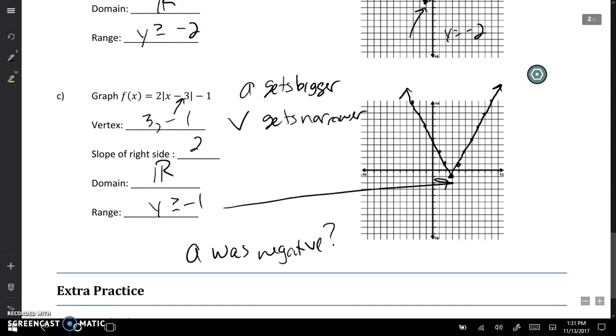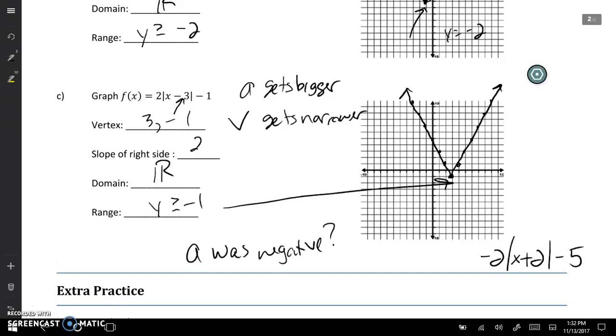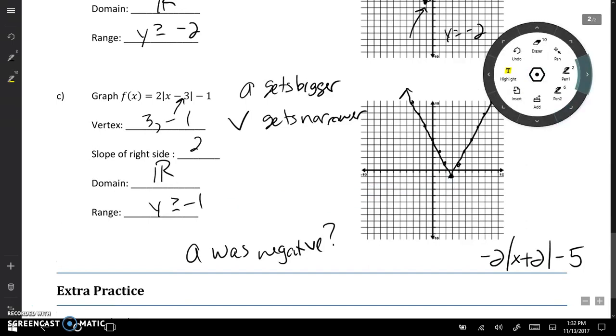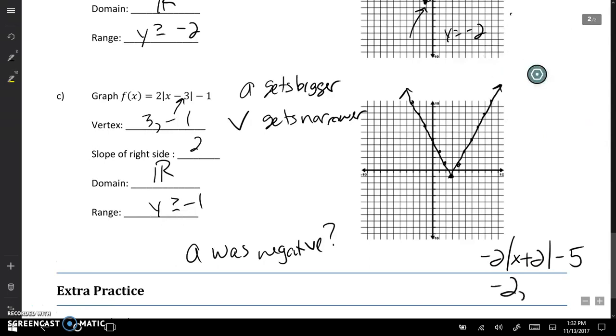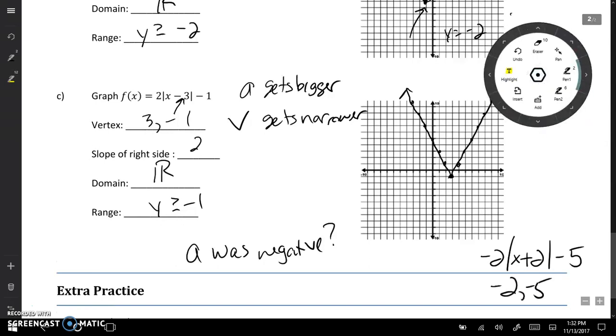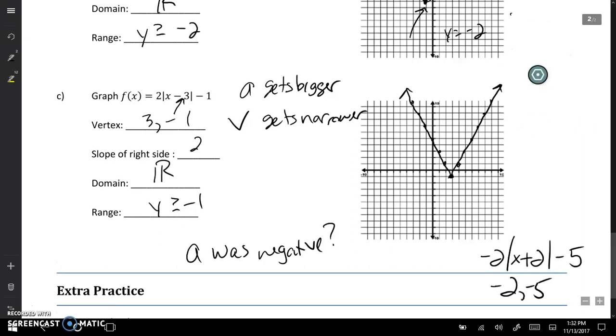Now, bonus problem. Let's say we've got -2 absolute value of x plus 2, minus 5. Let's graph that on this graph for C. I'll change colors so we can see red. The vertex is (-2, -5).